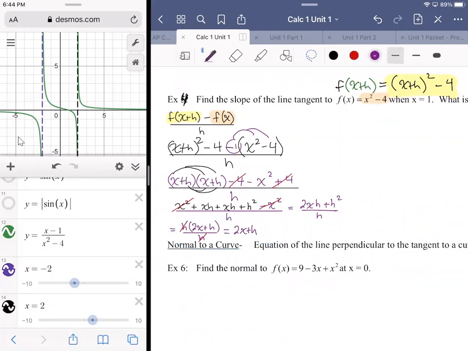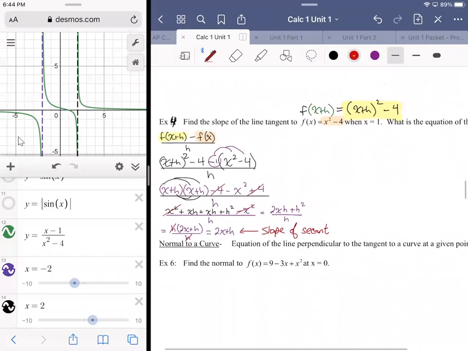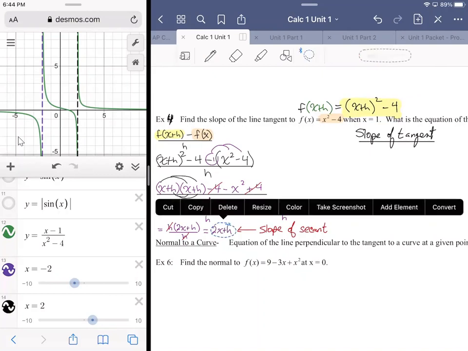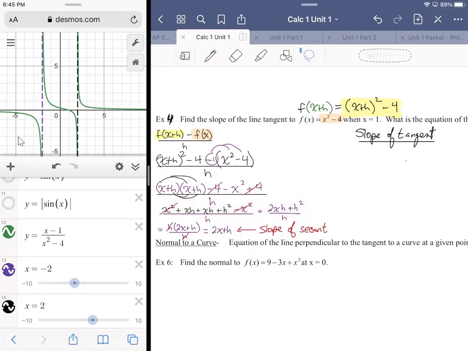So again, slope of the secant line. If I want the slope of the tangent, all I'd have to do is take this result here, the 2x plus h, and find the limit of that as h approaches 0.